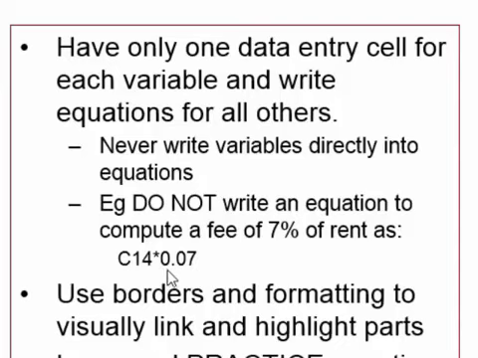Okay, it's good to have a cell for the inflation rate or the management fees, whatever, and your equations should all read something like C14 times B12 or something. That way you don't accidentally lock your model into being stuck with fixed data.